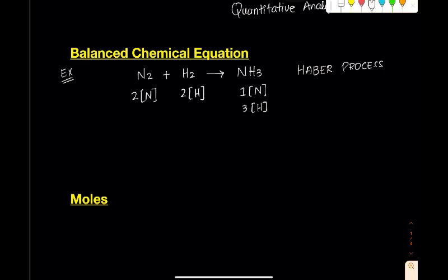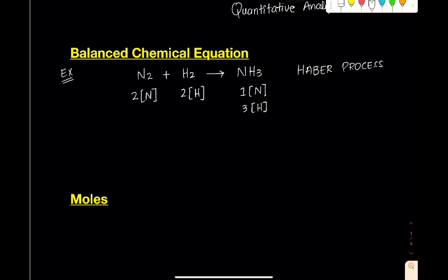We just convert it into different substances. Here nitrogen, which is a gas, is converted into ammonia, which is also a gas, but the two are quite different. Nitrogen has no smell, whereas ammonia has an astringent smell, and the same goes for hydrogen.